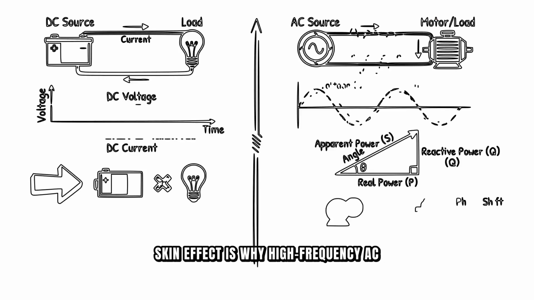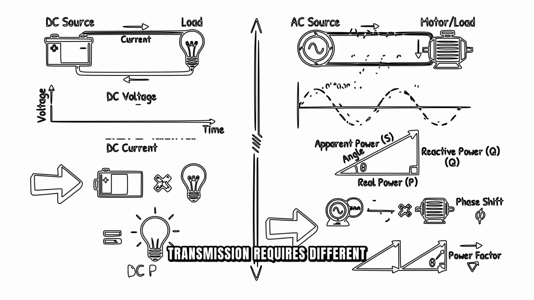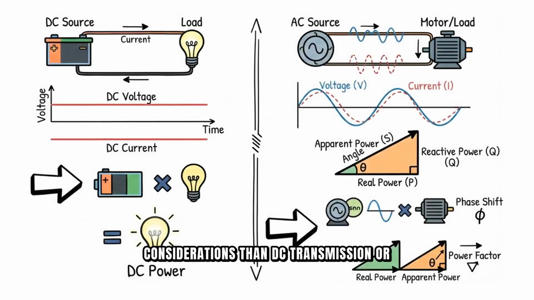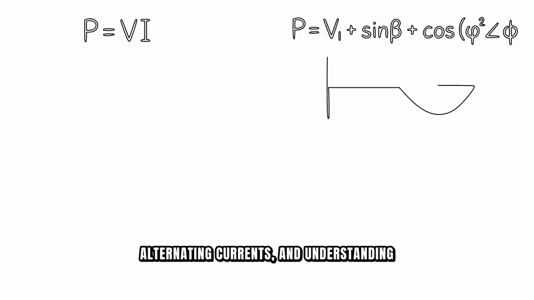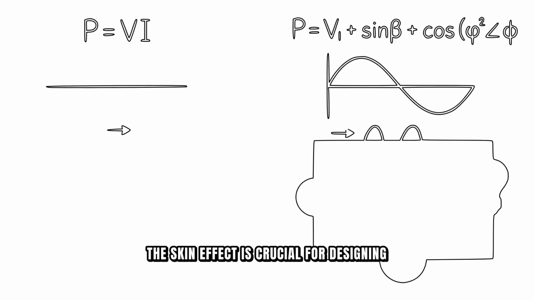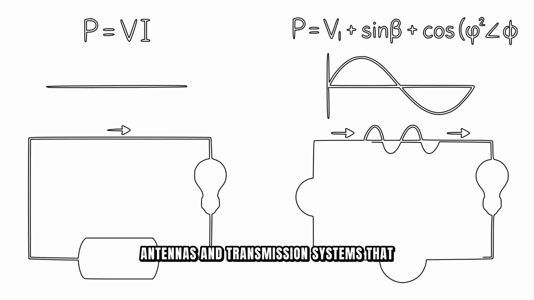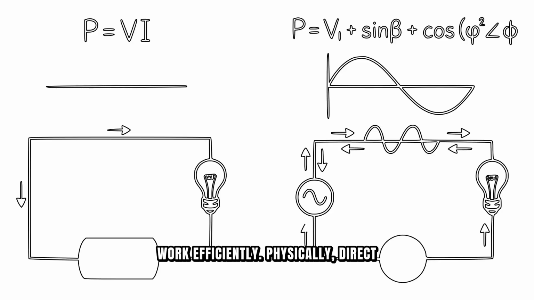The skin effect is why high-frequency AC transmission requires different considerations than DC transmission or low-frequency AC. Radio waves and wireless power transmission use very high-frequency alternating currents, and understanding the skin effect is crucial for designing antennas and transmission systems that work efficiently.